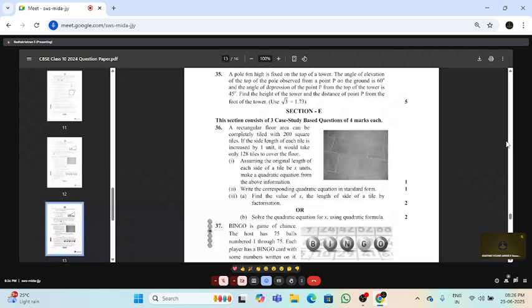Problem 35. So there is a tower and then a pole.